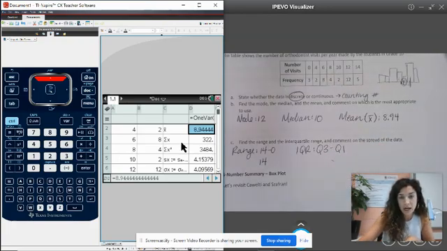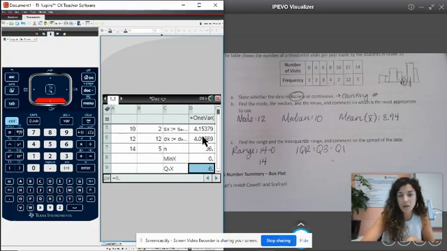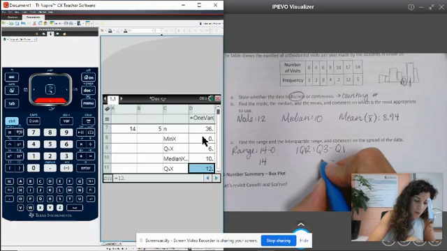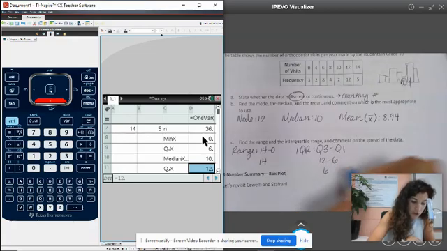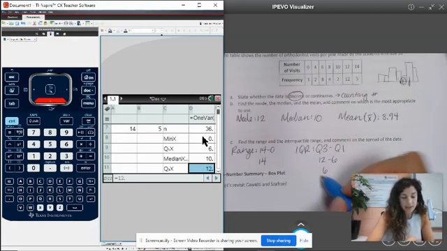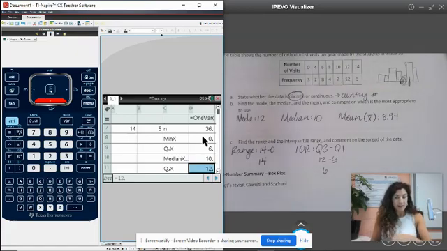If we go back to this data in your calculator, you'll see that quartile 1 is 6, quartile 3 is 12, so it's 12 minus 6, which means your interquartile range is 6. We don't really know what that means yet. We will talk about it very soon, but just know that your entire range of data goes from 0 to 14, but around your median, your interquartile range is 6, which means 3 on either side of your median.